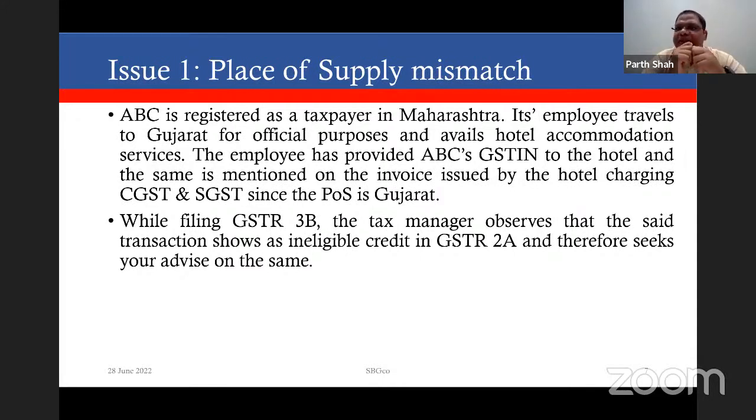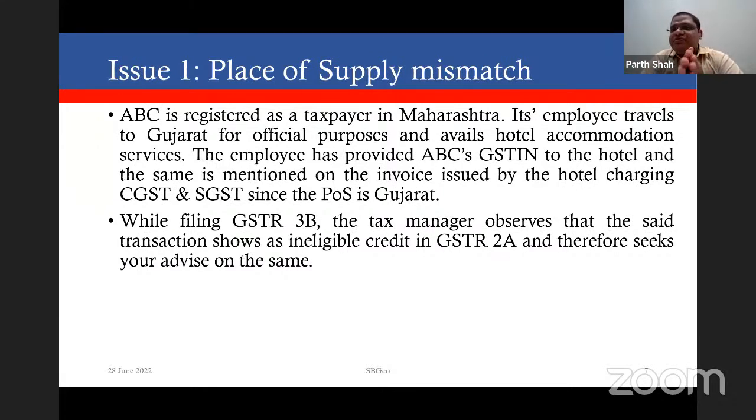So the thumb rule in any organization should be that when we are looking at eligibility to claim ITC, if the supplier is in a different state and he has charged you CGST and SGST, you should not claim that input tax credit. If he has charged you IGST, you can claim that credit, but please note that is also subject to litigation.